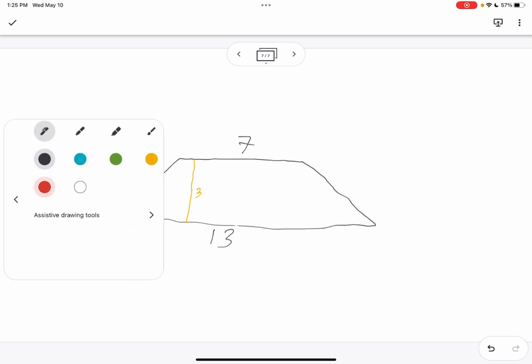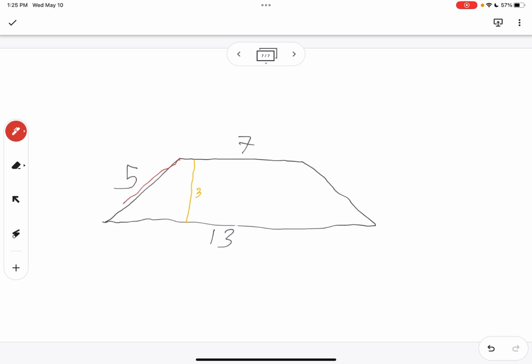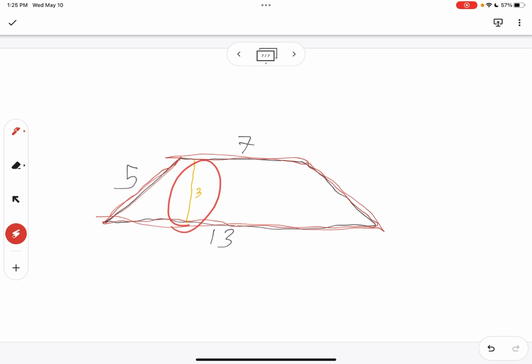If we're going to look at the perimeter, well, first, the perimeter, again, we're just going to add all the outside lines, okay? Is this height inside or outside? It's on the inside, so we don't add the height. We just want this, plus this, plus this, plus this.